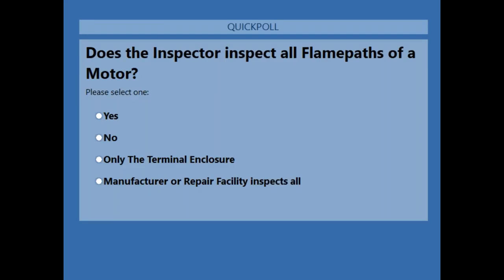So when you think back to the motor and the multiple different types of flame paths, does the inspector inspect all the flame paths? Multiple correct answers, but choose the most relevant answer to you.